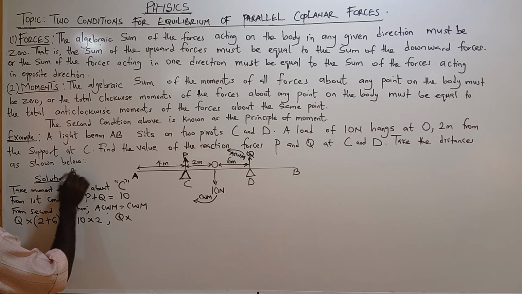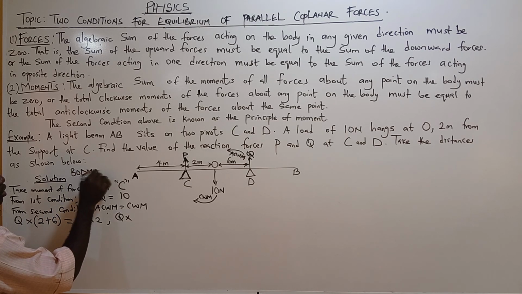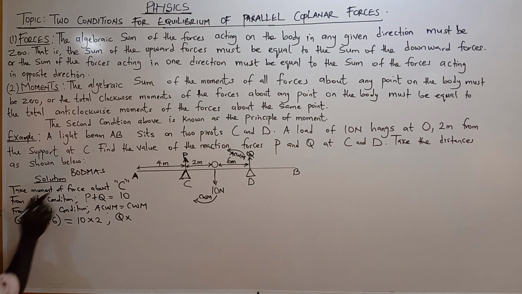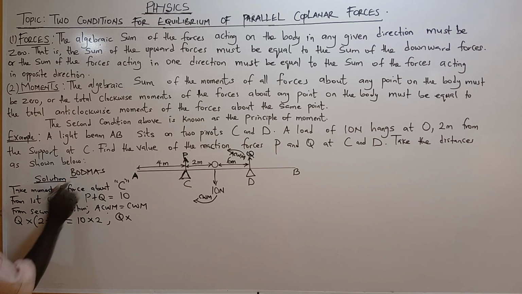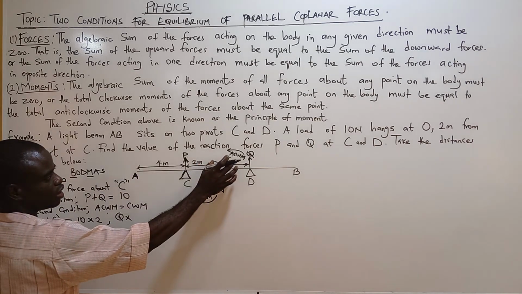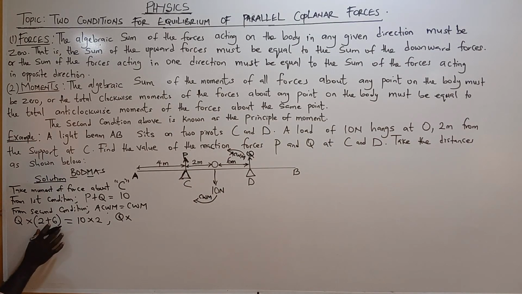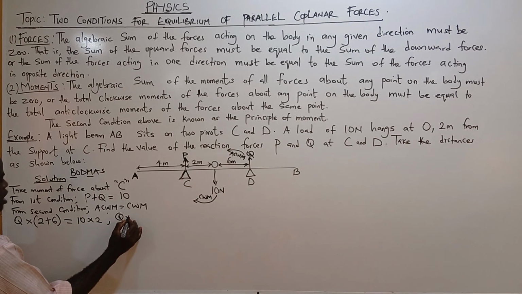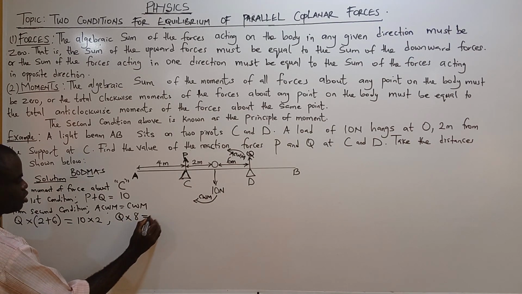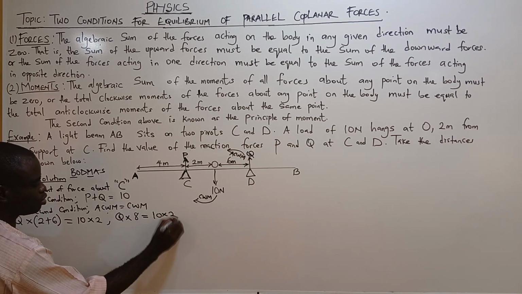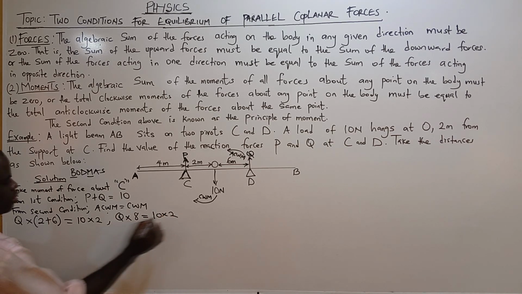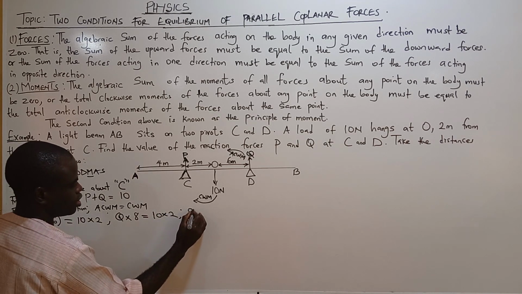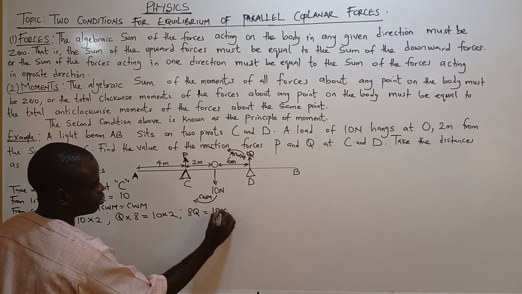That's why I put it in brackets, because the two of them are added together. Now Q times 8 equals 10 times 2. So 8Q equals 10 times 2.